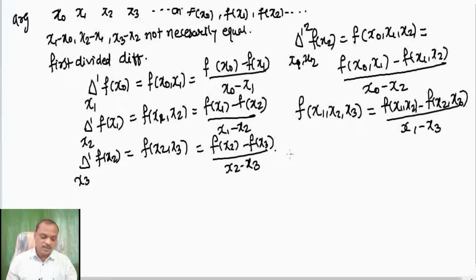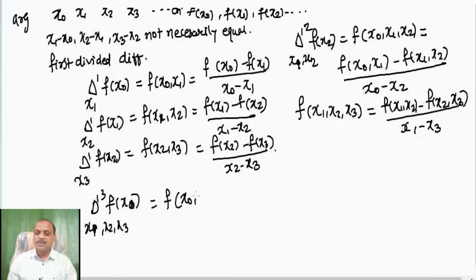Likewise we can write the nth divided differences. For the third divided differences, delta dash cube of f, we need 4 points: x0, x1, x2 and x3.